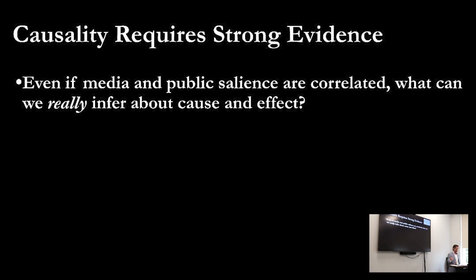Well, we don't know the extent to which media coverage preceded changes in public opinion, because it was all done at one time period. So we don't have a temporal order in those two variables. There is an association, but there are also other explanations.